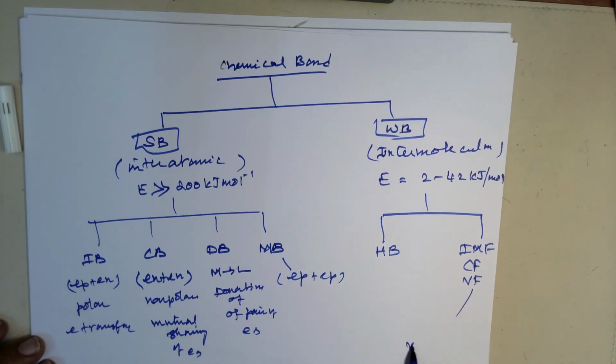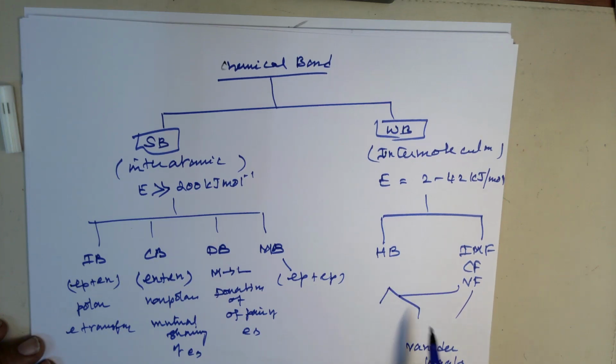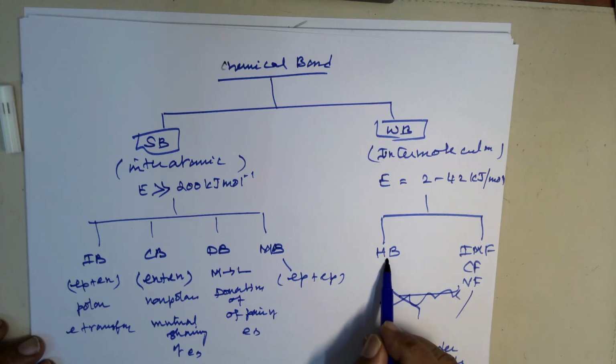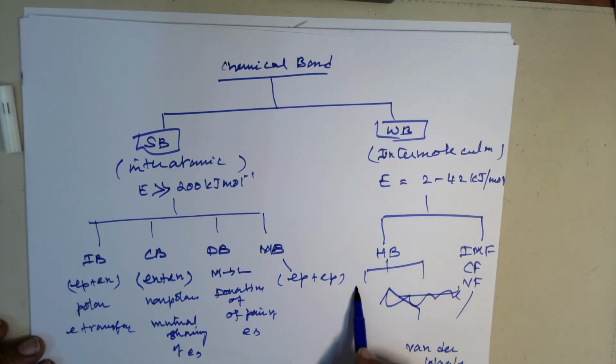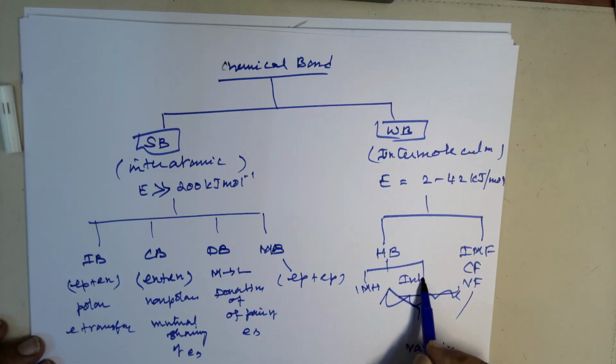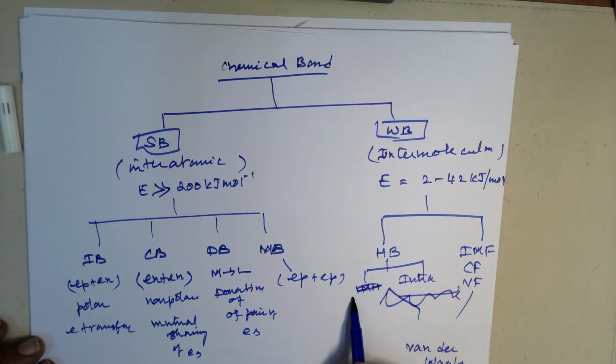Van der Waals, you have to write a small v, a, n, d, e, r, then capital W, a, a, l, s. Van der Waals force can be further classified into intermolecular hydrogen bonding and intramolecular hydrogen bond. So these are about the bonding.